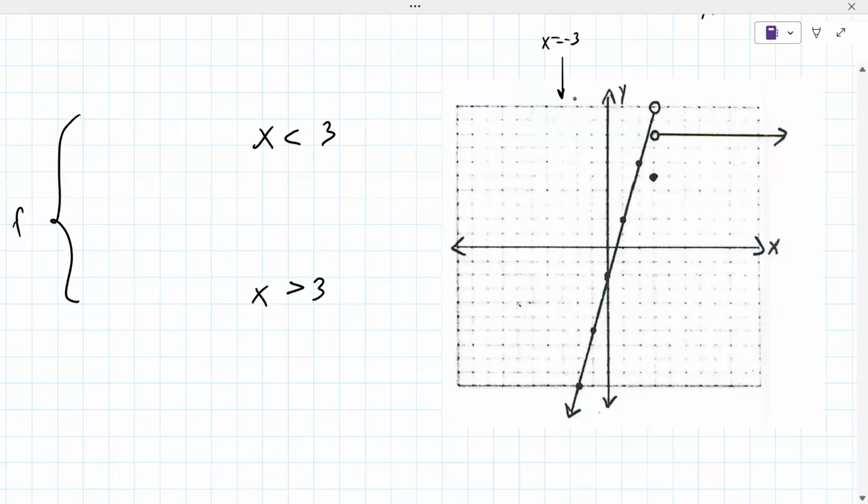And then, would it be -4 plus -2, or what, for the left one? Because you plug in -4.